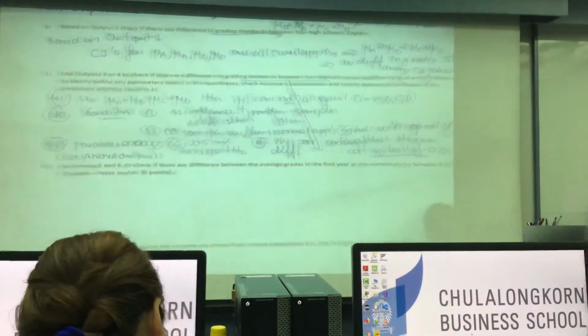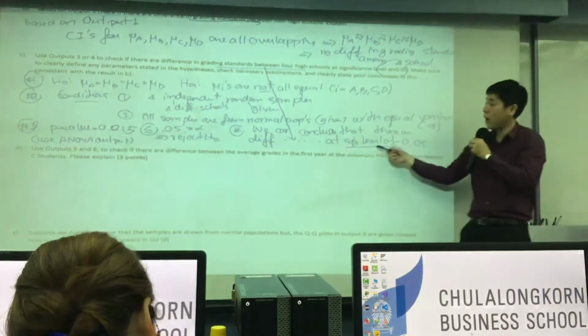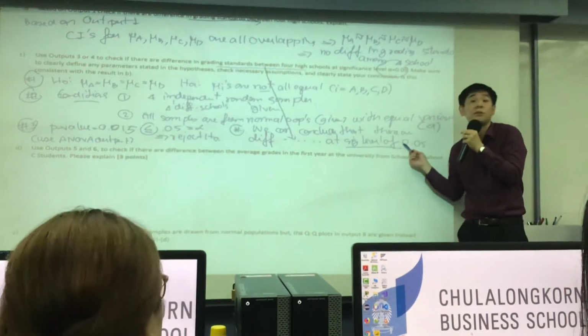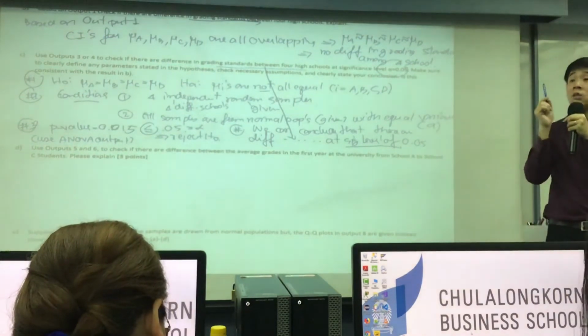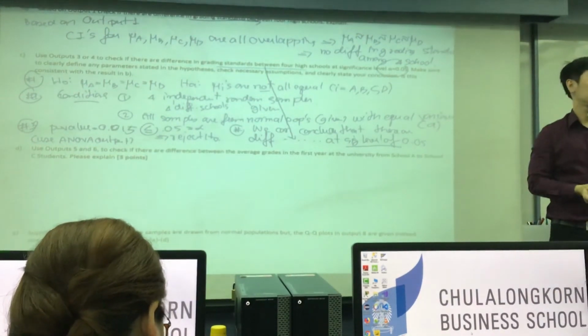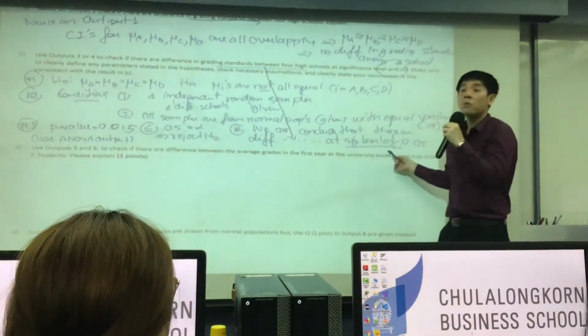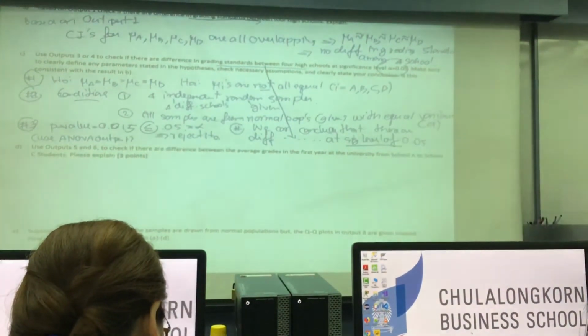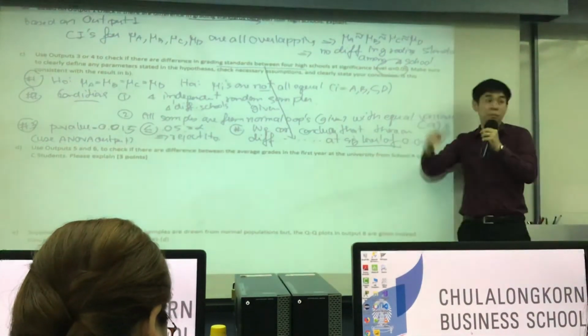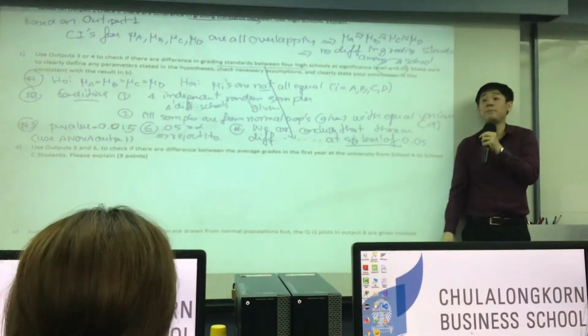In the conclusion, you have to summarize. You have to specify alpha, because when you change your alpha, the answer could be different. Without this part, it's always over 1 point. Okay, you see, all 4 steps are still fine.